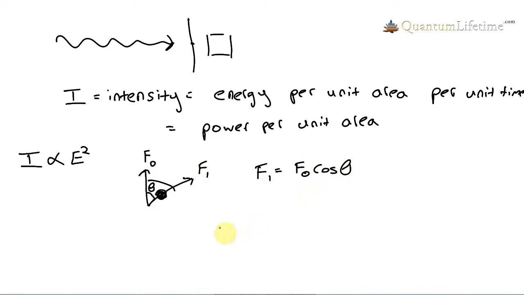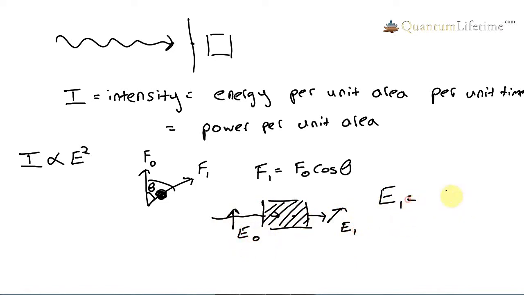Similarly, if we have light that's polarized in this direction, and it passes through a polarizer that's at some angle to the electric field of the light, then we can say that the electric field strength that gets through the polarizer, let's call it E1, and let's call this E0, E1 will be equal to E0 cos theta.